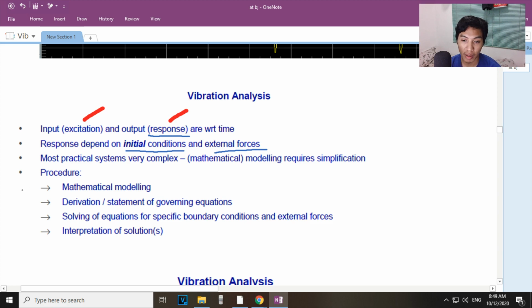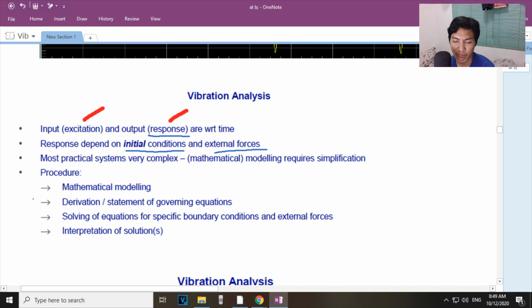First, gumawa tayo ng mathematical model. Kaya nga, yung pinakita ko kanina, yung mass spring damper model, mass spring damper models, yan. Yung mga single degrees of freedom, several degrees of freedom, or multiple degrees of freedom. Number 2, yung derivation.